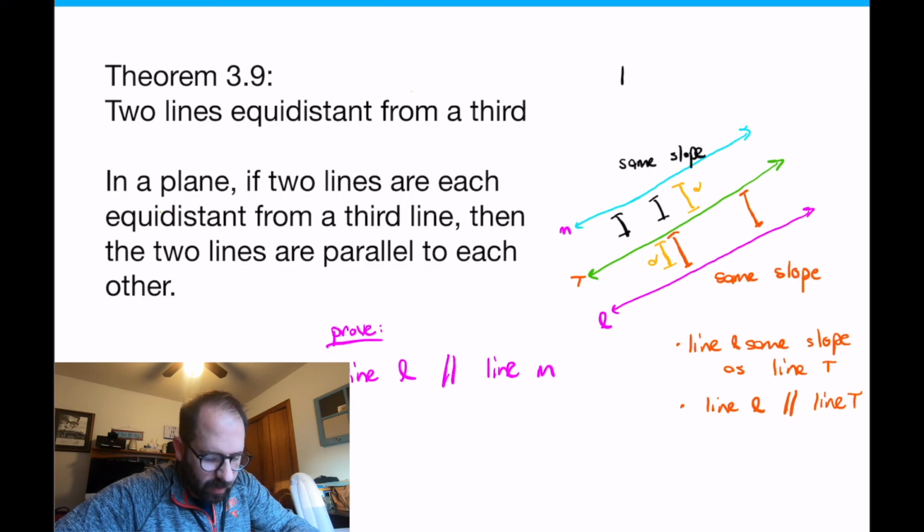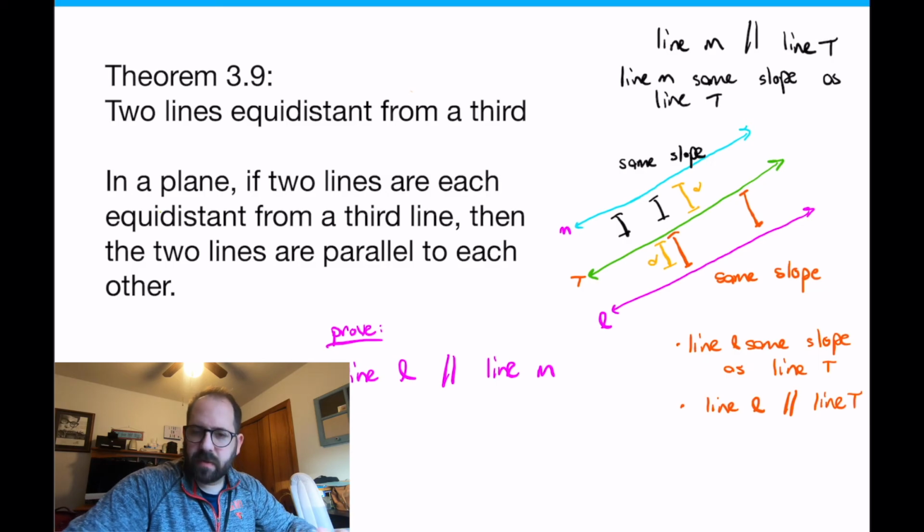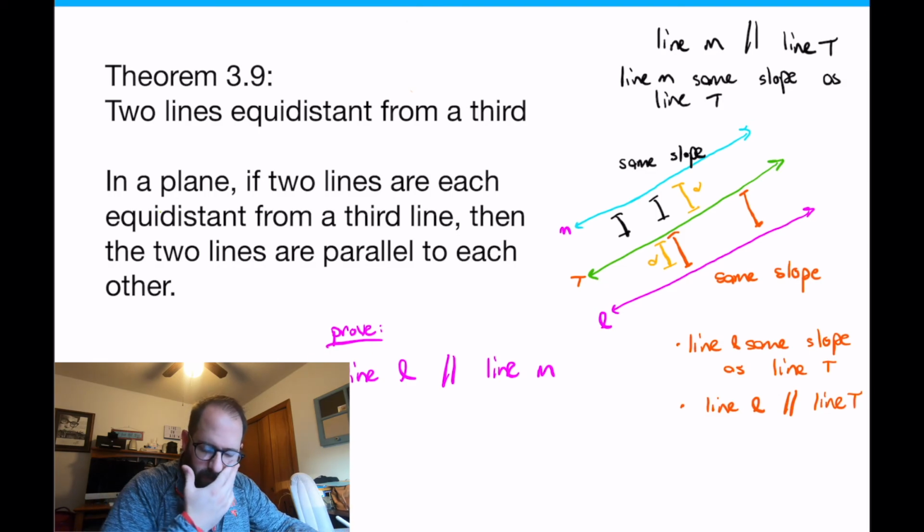So line M has the same slope as line T. That means line M is parallel to line T because of the same reasoning. It's equally spaced, so the slopes have to be the same. According to Algebra 1, equal spacing means the slopes are the same, and that forces them to be parallel.